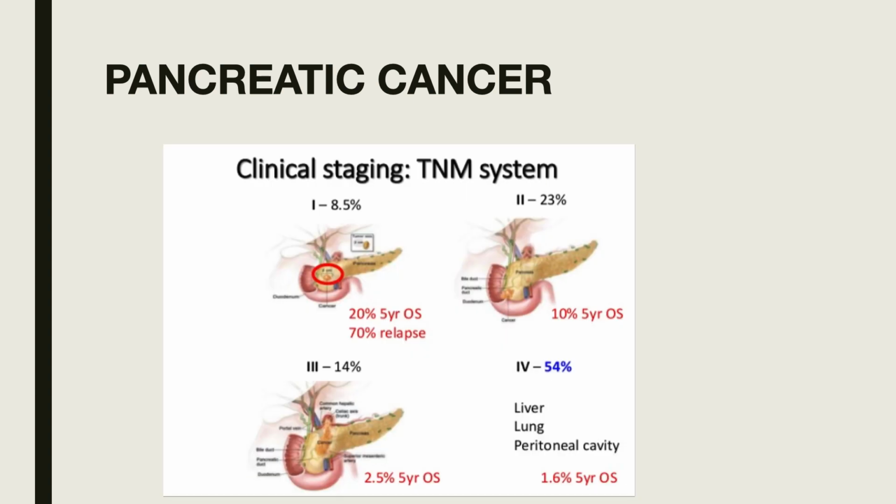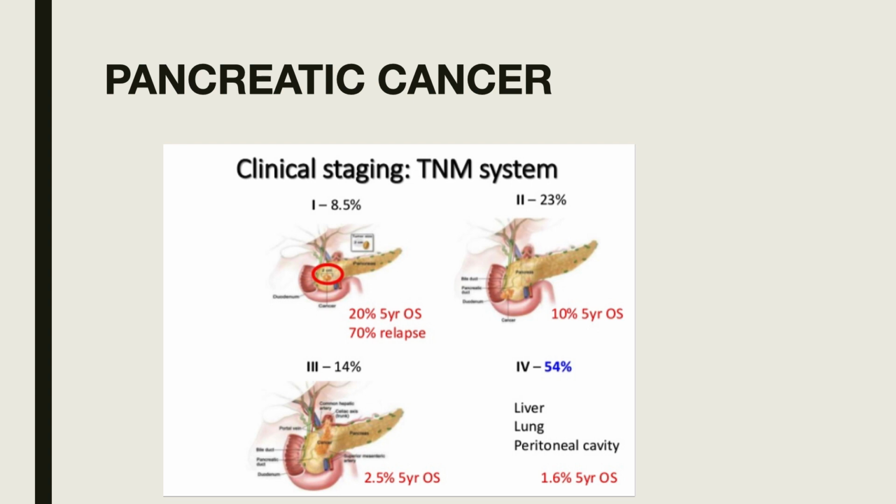This is the clinical staging for pancreatic cancer. We are using the TNM classification system, but we will not go into detail into this. You can read it on your slides. So this one here shows the prognosis for each stage. For stage 1, it is a 20% 5-year overall survival rate and 70% relapse.